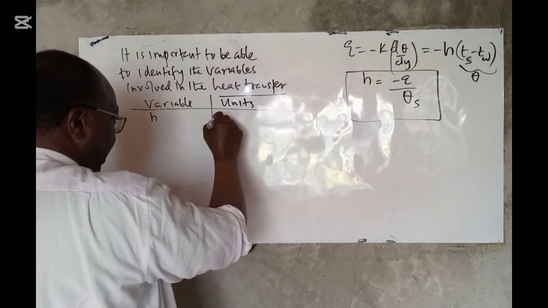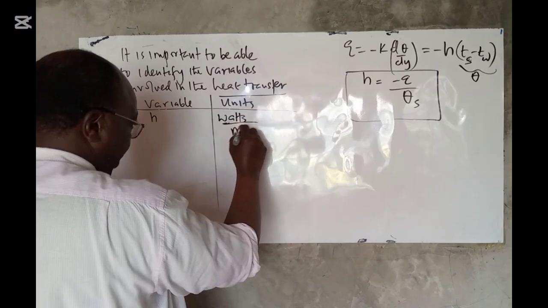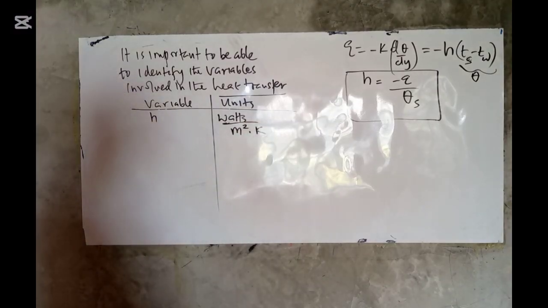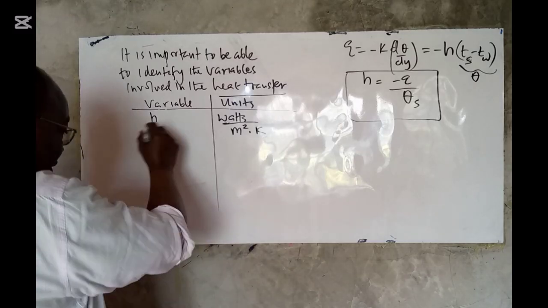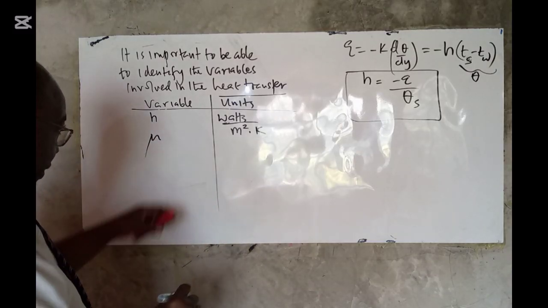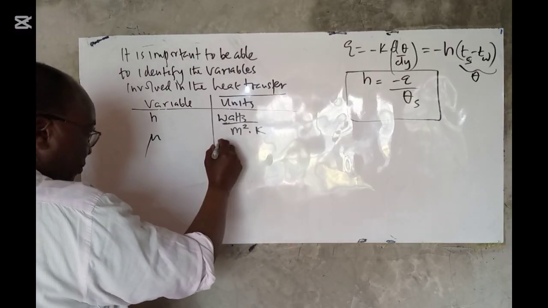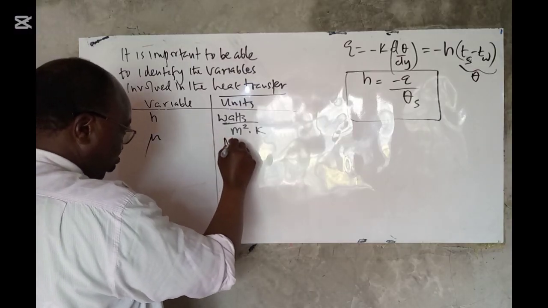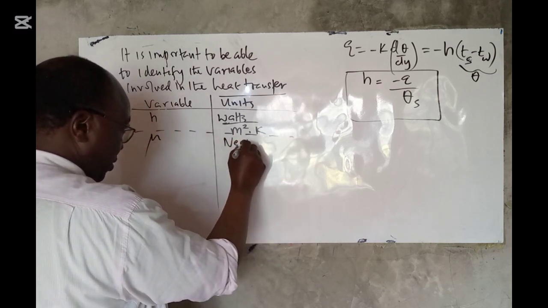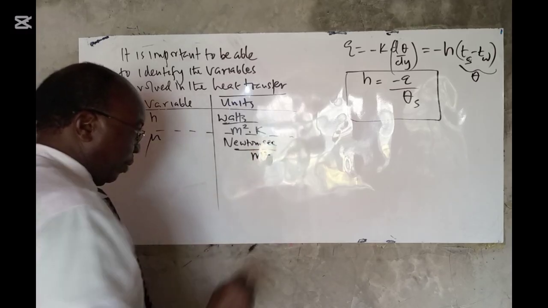The units of H is watts per meter squared per Kelvin. The other one, which is fundamental, is viscosity, and that is Newton second per meter squared.